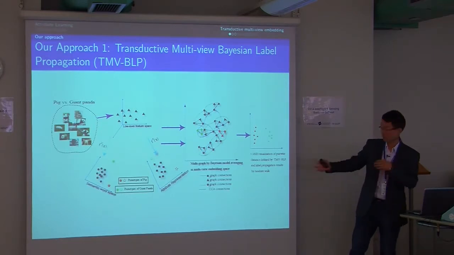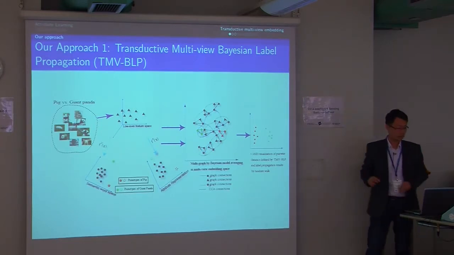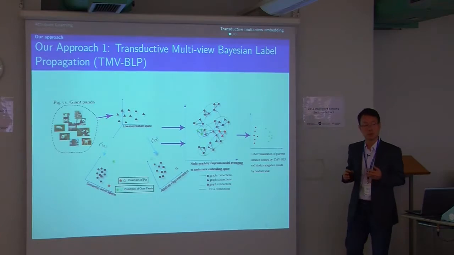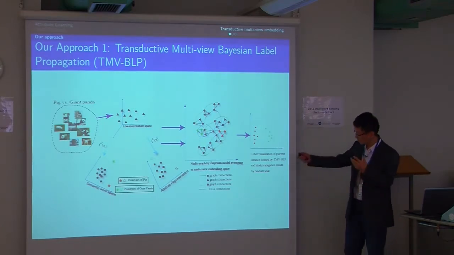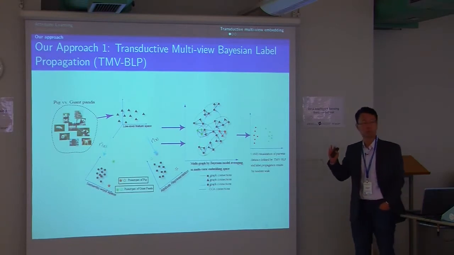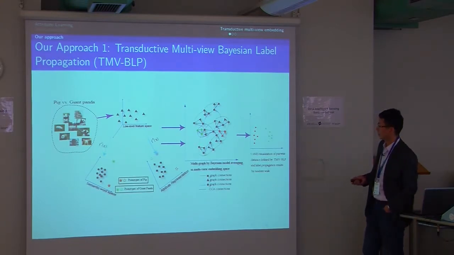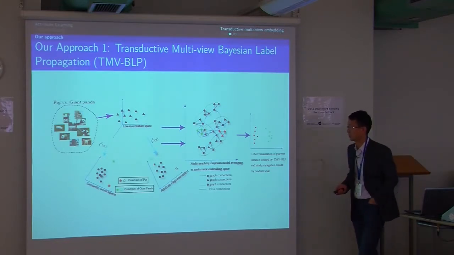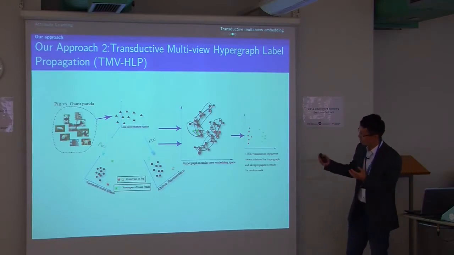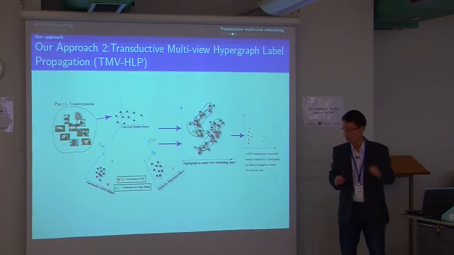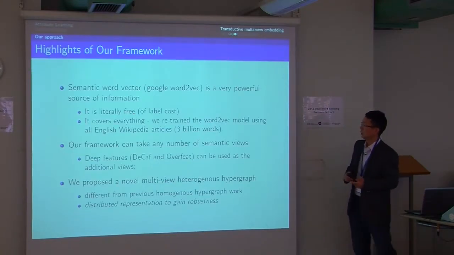That's the basic story. Of course, label propagation on graphs for clustering and classification is a well-studied problem, so we just use existing techniques with some improvement. After that, you can see that the panda and the pig classes are well separated. We also have another extension based on a so-called hypergraph, and I won't bother you with the details.